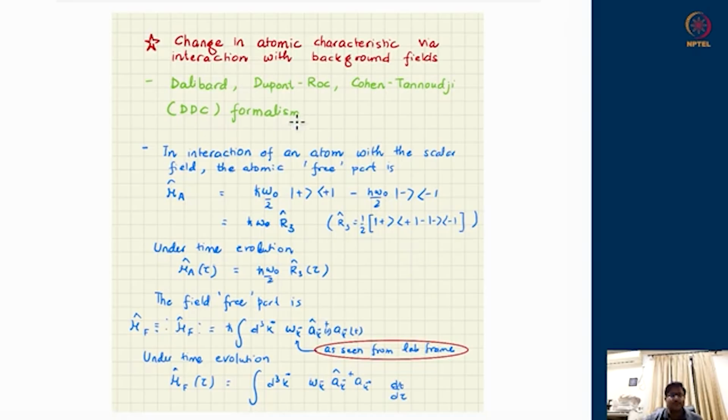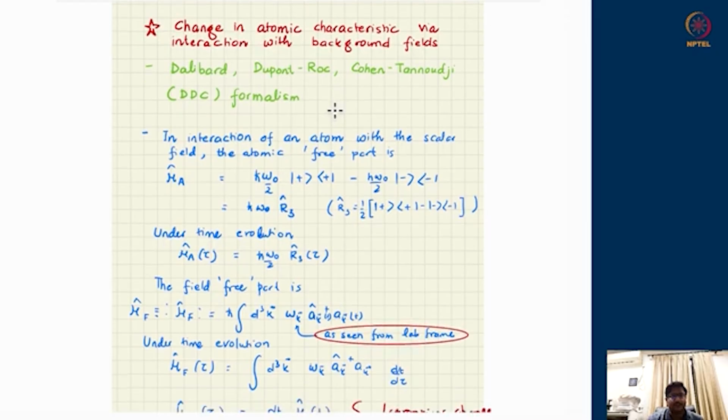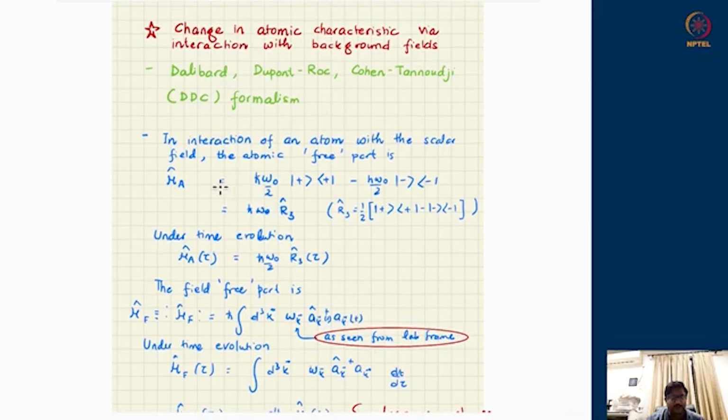Now, as we know, the total Hamiltonian has many terms. It has an atomic free part, the free Hamiltonian of the atom, H_A, which in its spectral decomposition is written as (h bar omega naught by 2) times |+><+| plus (minus h bar omega naught by 2) times |-><-|. The plus is the excited state and the minus is the ground state.